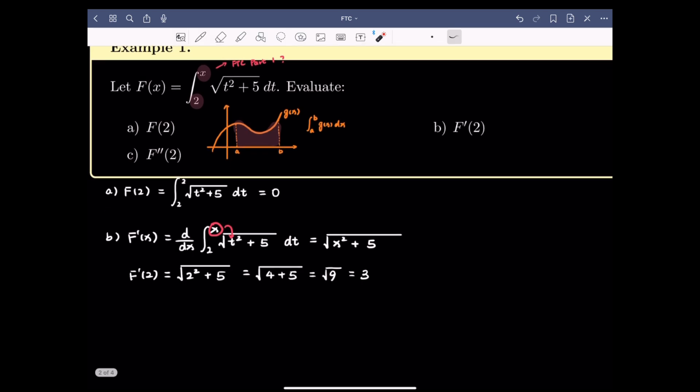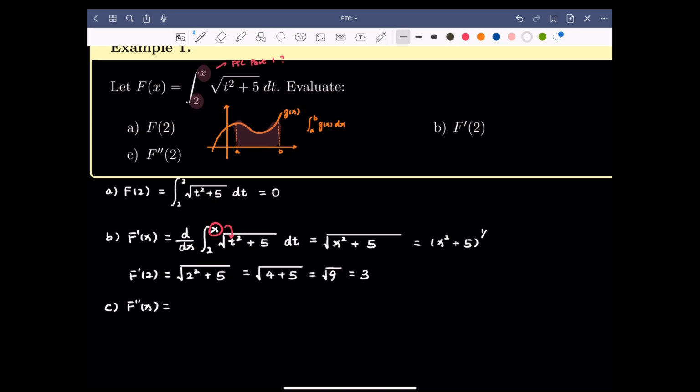Part C, now I need to find the second derivative of f. Well, I already know the first derivative of f, so to find the second derivative should be simple. We just need to differentiate this part, so let's do that. C, f prime prime of x will be the derivative of this, so we can write it as a power form first.